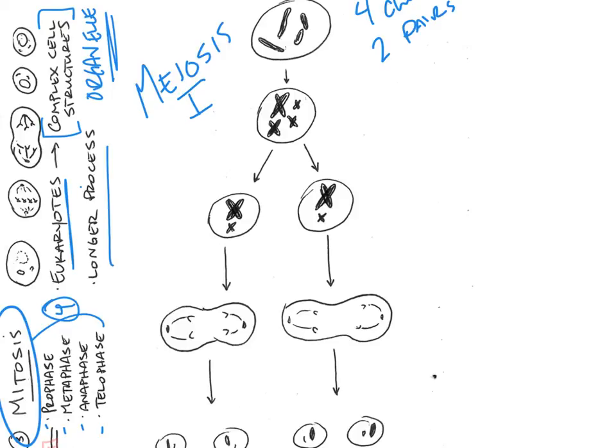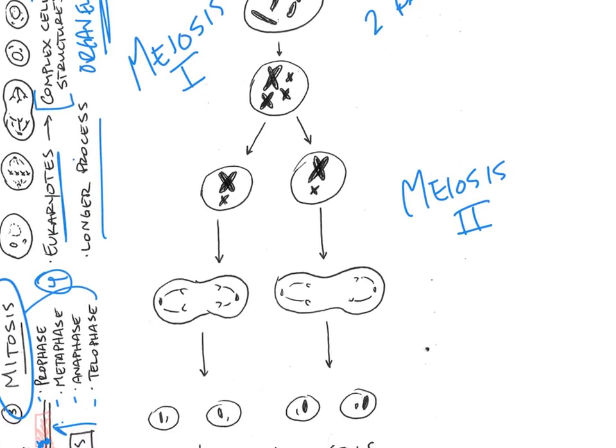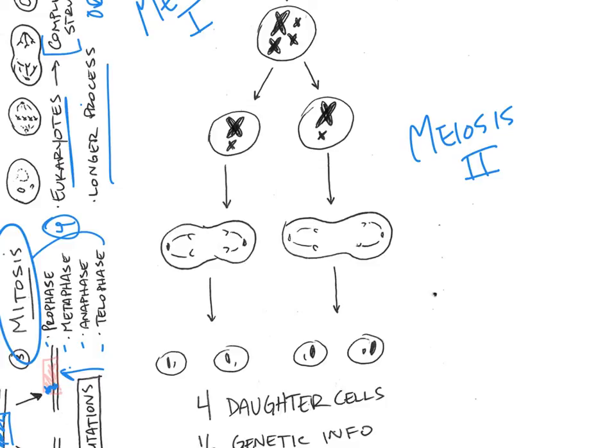But meiosis goes a step further. Meiosis has a second stage. So this would be meiosis 2. In meiosis 2, the homologous chromosomes are lined up in the middle again, and then they separate one more time. They do not duplicate. There is no replication in this second step.